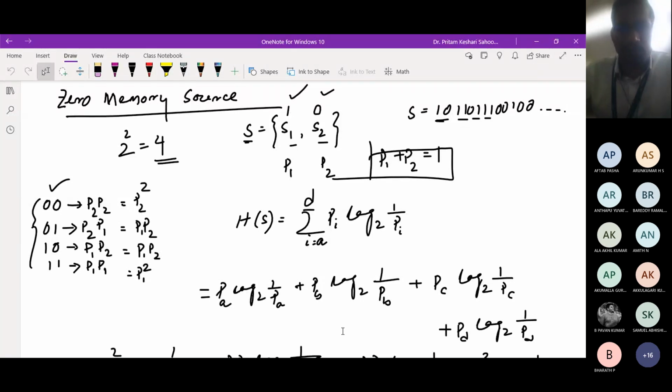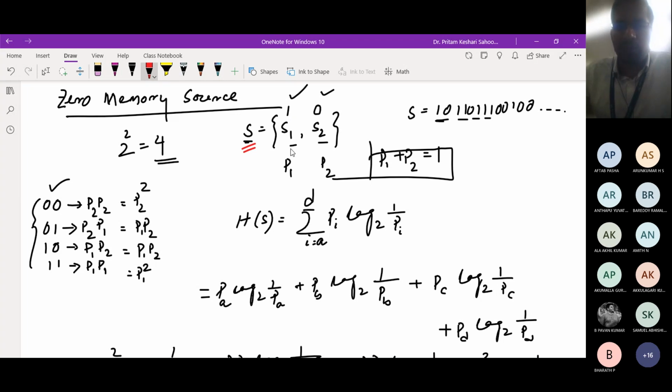Okay, and we took an example, a source denoted by S, that is the memoryless source, which is generating two different symbols. One is S1, another is S2. S1 represents bit 1, S2 represents bit 0.